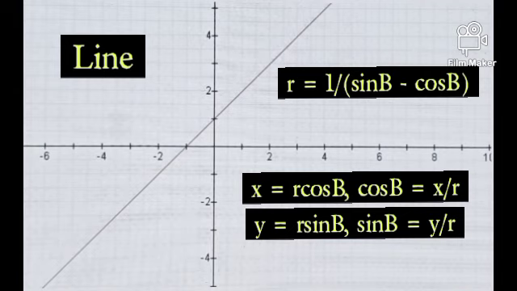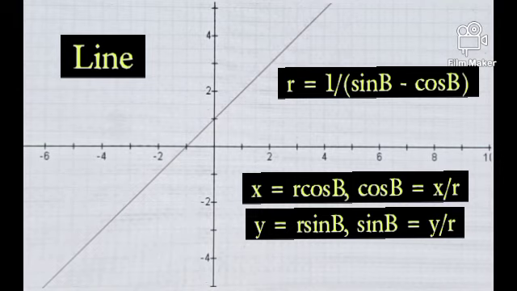From x equals r multiplied by cosine theta, we get the value of cosine theta by dividing both sides of x equals r cosine theta by r. Thus, cosine theta equals x over r.